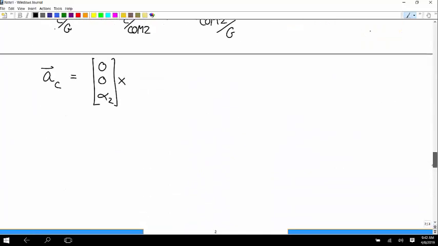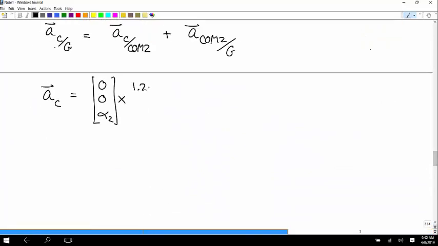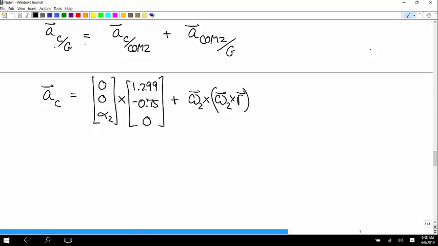So that is positive 1.299, negative 0.750. And then, generally it would be plus omega 2 cross quantity, omega 2 cross r. But since this thing is at rest at this instant, that's 0. And then plus the acceleration of the center of mass according to the ground, which is our variable A2.